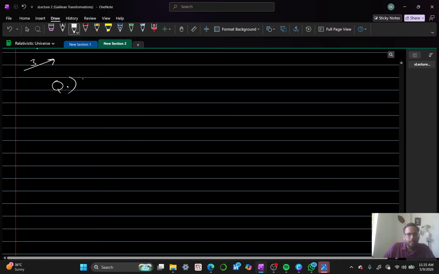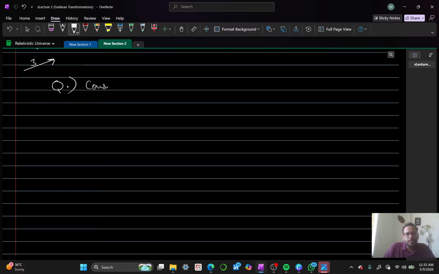Consider a rank 2 tensor T defined as E1 one direction plus 3 E1 two direction.